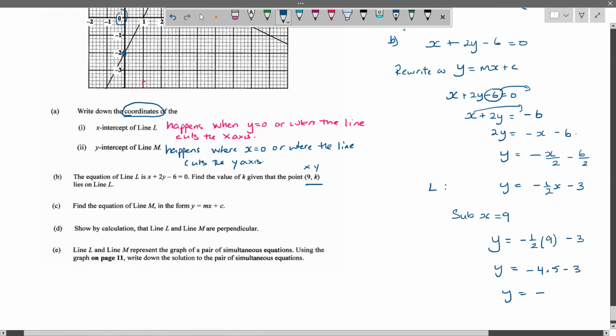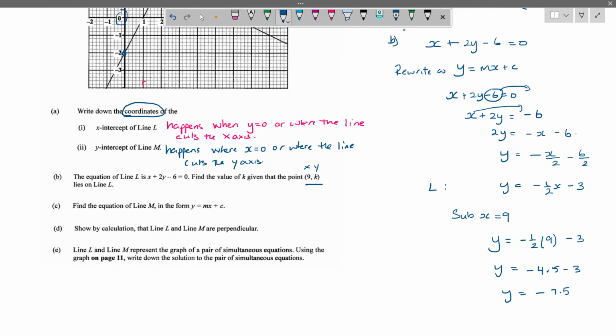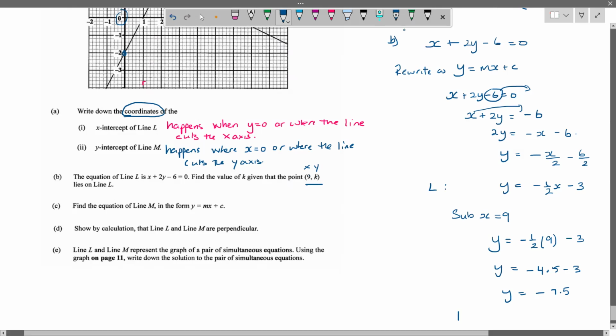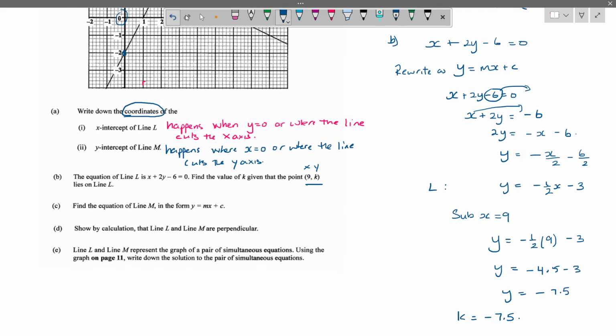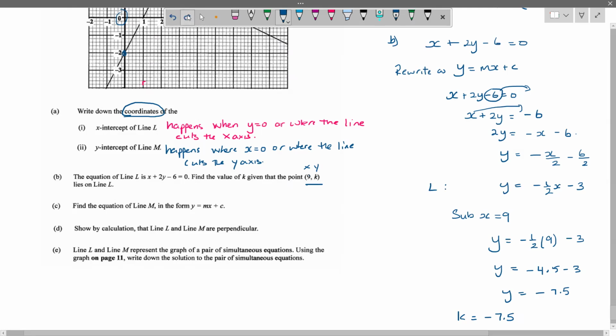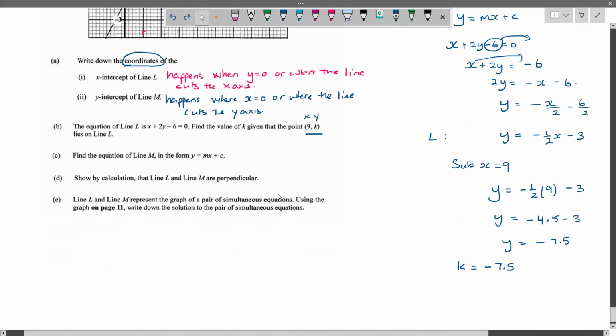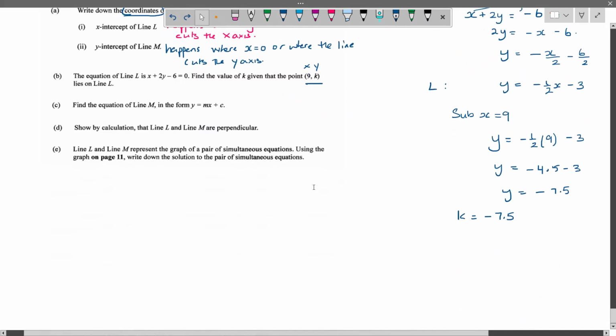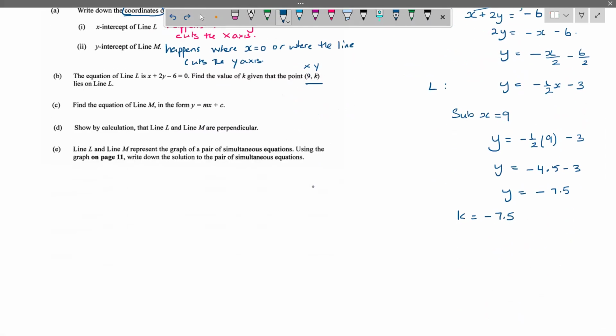We keep these signs and add, we get negative 7.5. So k, this missing value here, which is really the y coordinate, is equal to negative 7.5. Yeah, everybody all right so far? I'm going to do part C underneath here.